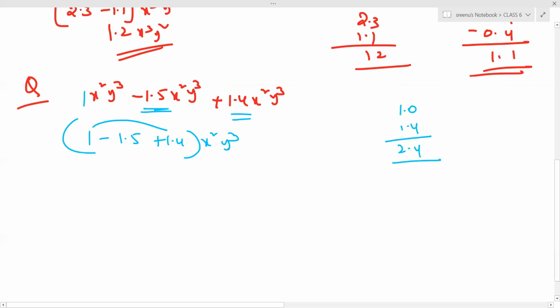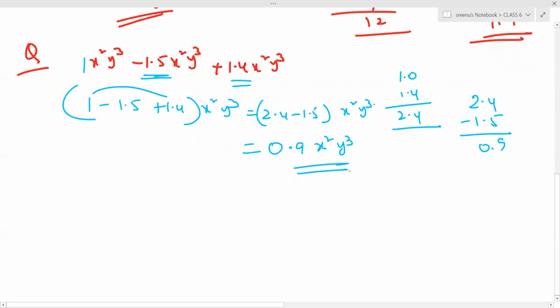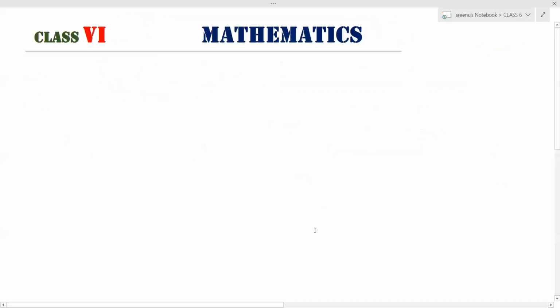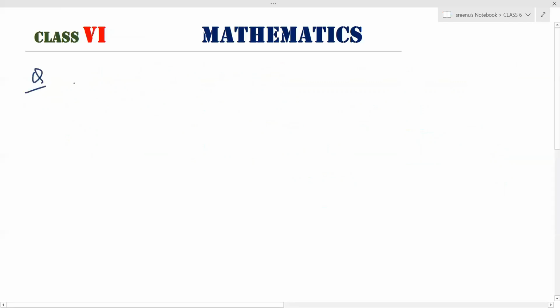This is 2.4 minus 1.5. So 2.4 minus 1.5 is 0.9. So 0.9 x square y power 3. So one more question. We'll go for another page.